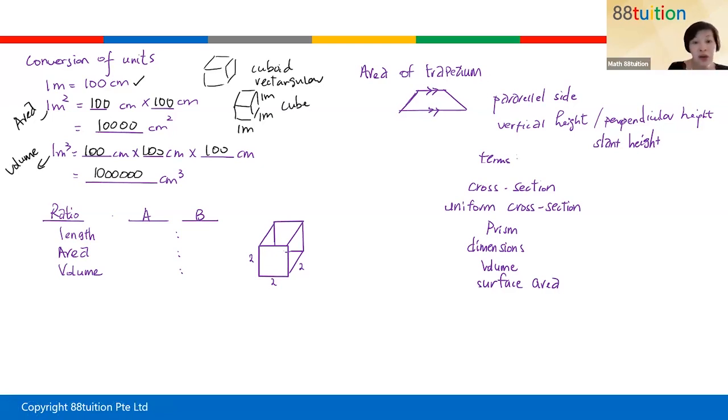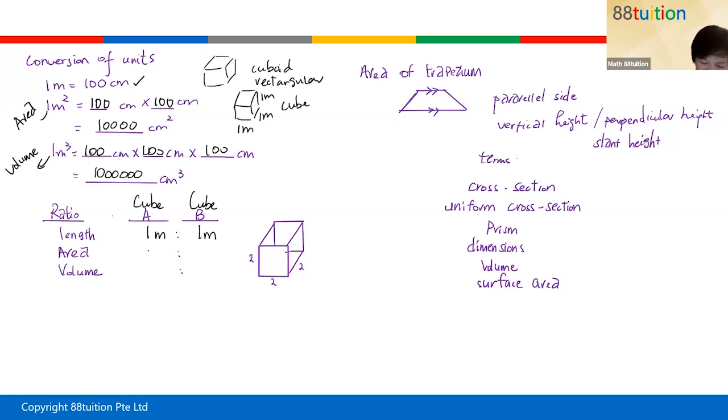Then another thing is about the ratio of their lengths. Let's say the length of a cuboid A compared to cuboid B. We talk about cubes, cube will be a better one. Cube A, cube B. If this is 1 meter, then they have 1:1.